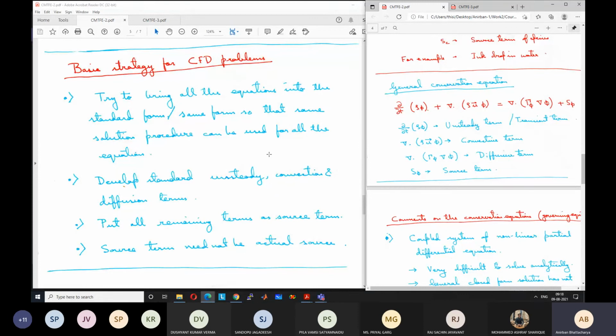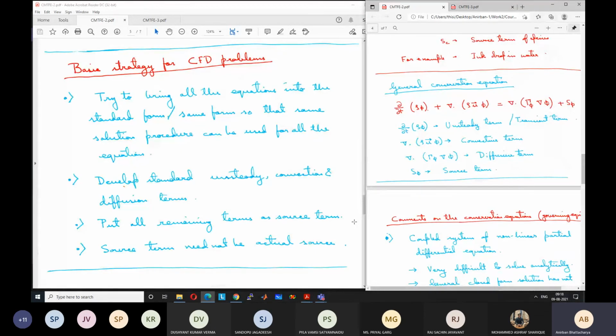That is how we solve the equations in practical problems. If you do research in CFD, many of you may be doing, and if you are writing based on a code, we'll see that there is a standard format for solving the equation. If we want to modify the equation, say we have some extra effect like a magnetic effect in a solidification problem, we put all these terms as source term, because we don't want to change the solution algorithm for the other three terms, as it would mean changing the entire code.